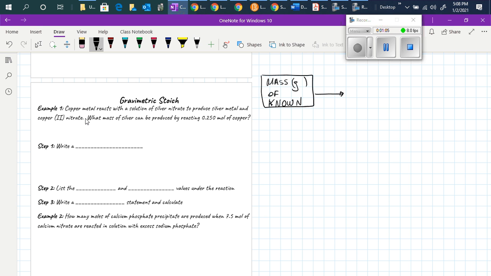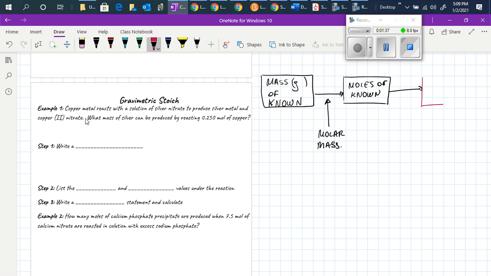In order to move from mass to moles, we will use the molar mass. So this is moles, and how do we move from here to here is using molar mass. And then we move to moles of the unknown.